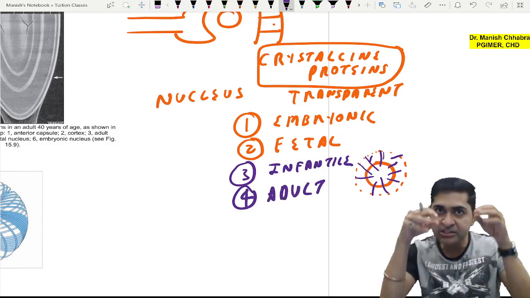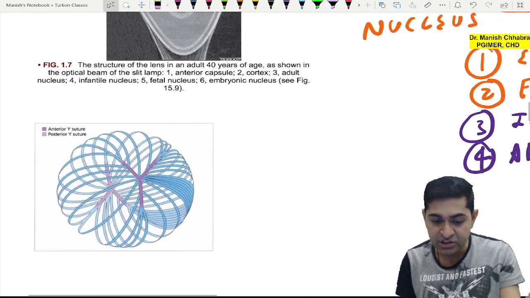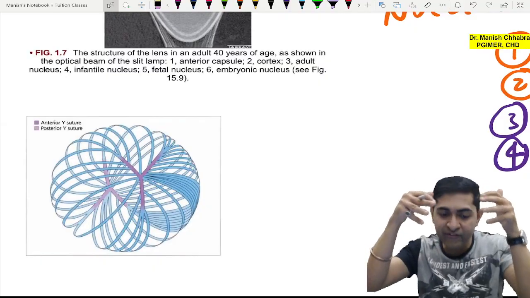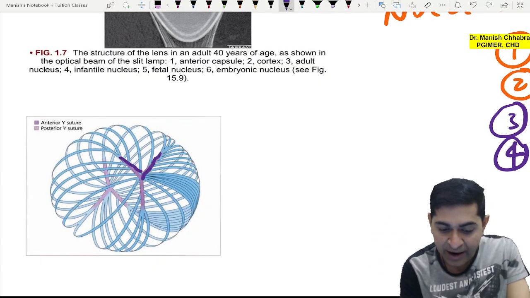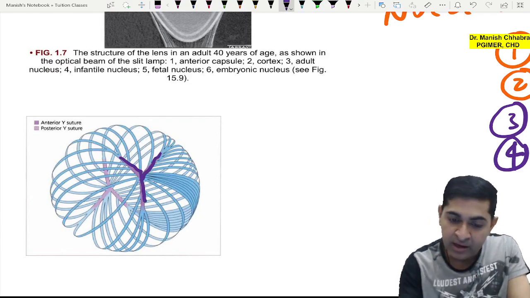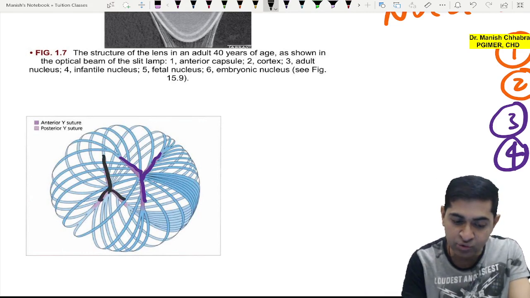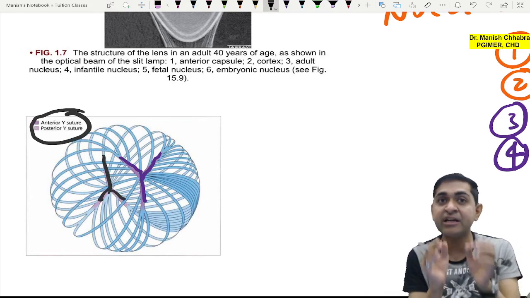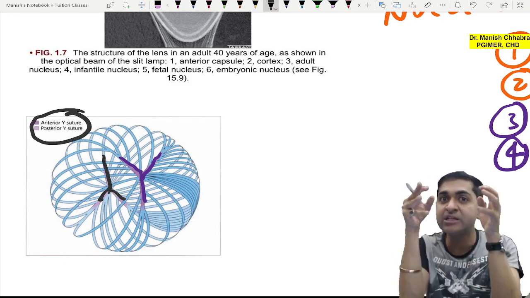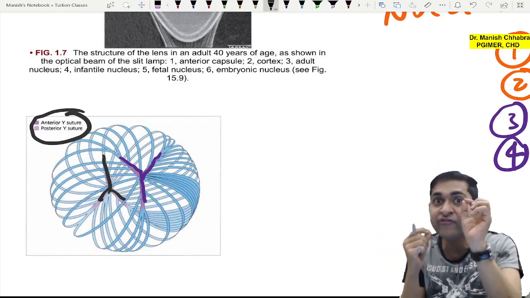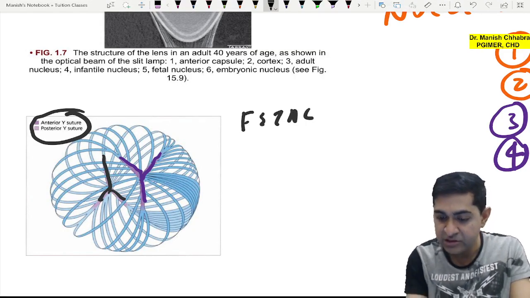When there is development of the fibers in the fetal stage, there is formation of the anterior Y suture, and also the posterior Y suture. You can appreciate that the sutures are formed when the fibers are spreading in the fetal stage.